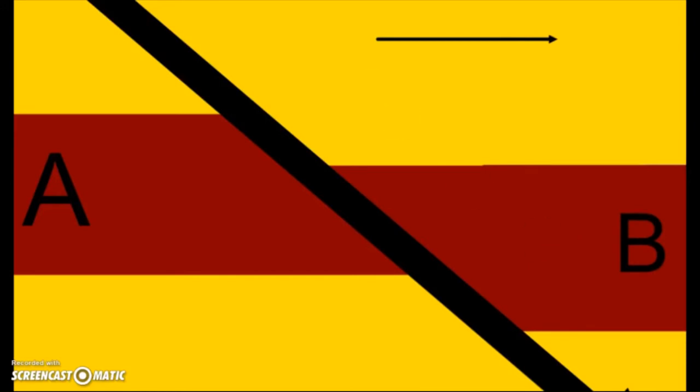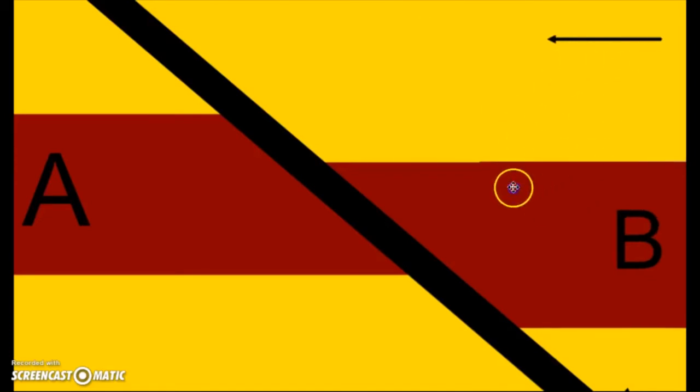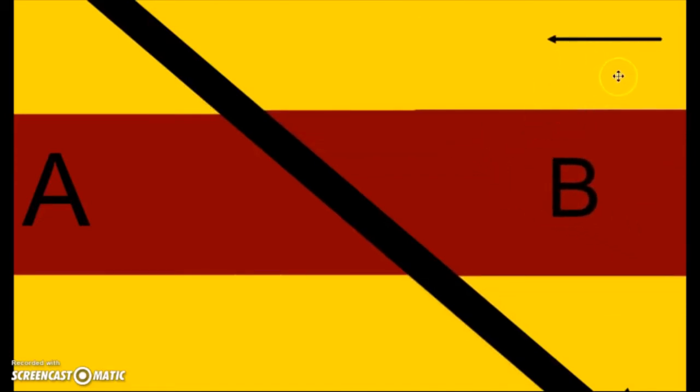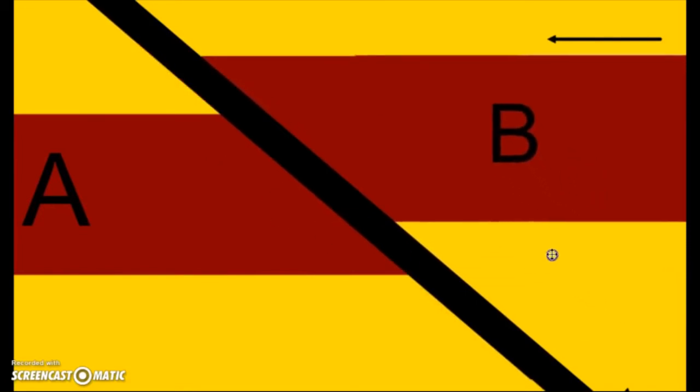In the other case, a reverse fault, the opposite happens. Compression is causing these rocks to come together, and as they squeeze together, B is forced up A. So this is what a reverse fault ends up looking like. So B gets pushed up.